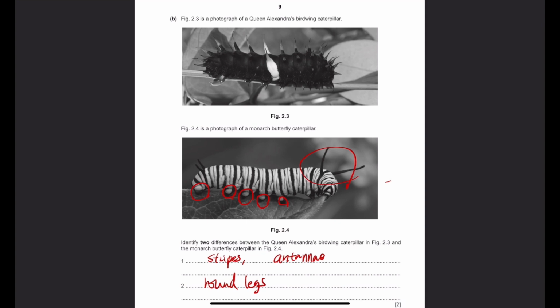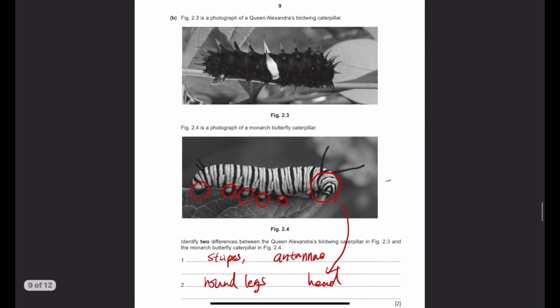You can actually identify the head, but you can't really identify which one is the head, right? And this one has a lot of spikes. And that's pretty dark. This isn't so.